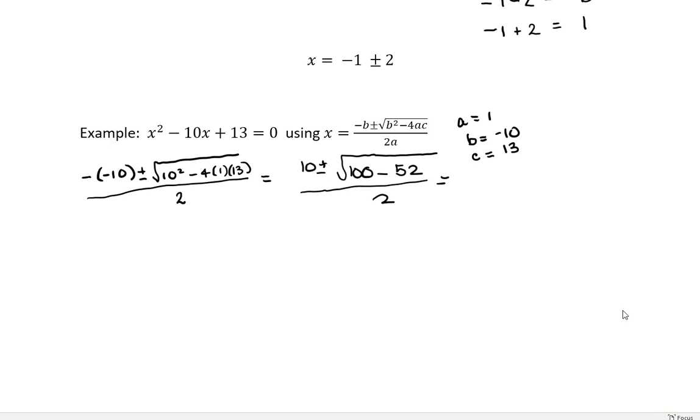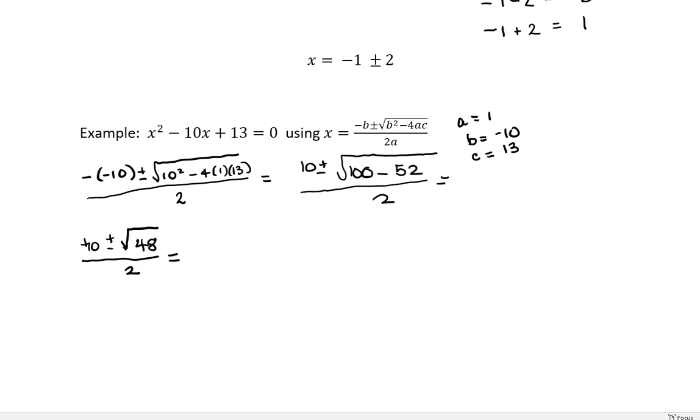And so here I'm going to have my 10 plus or minus the square root of 48, and that's actually pretty long. I could just make that much shorter. Let's do that. So I'm going to have my 48 all over 2.